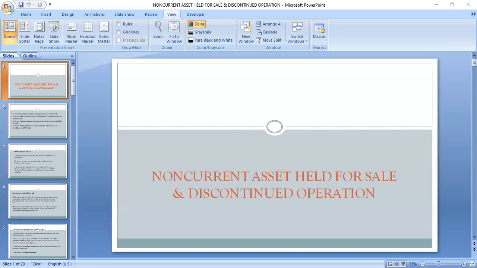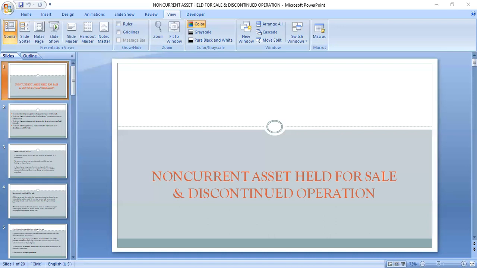The asset is available for immediate sale in its present condition, subject only to terms that are usual and customary for sale of such assets or disposal group. In other words, the current condition of the asset should be adequate to be effectively sold as is, and the sale must be highly probable.